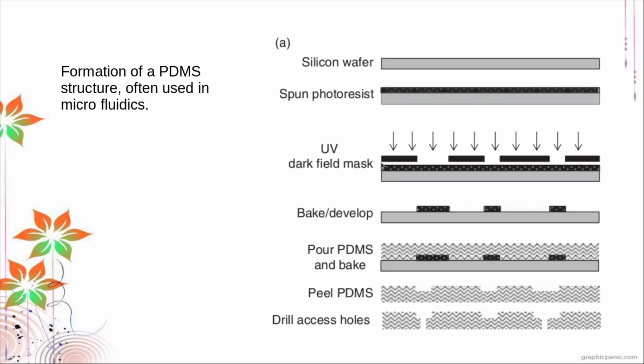You use a UV dark field mask to have impact holes in your wafer, and then you pour your PDMS and then bake them. So this device, the PDMS will therefore have a certain configuration. This is the surface configuration of your PDMS device. So this is actually casted on your wafer.